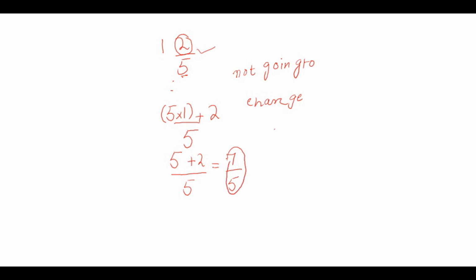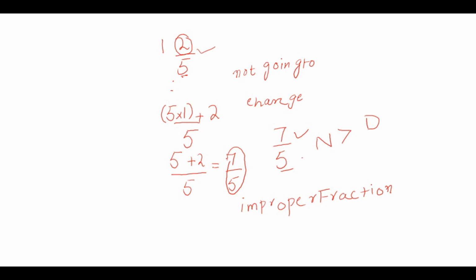Guys, you have seen that 7 by 5 is an improper fraction. Do you know what an improper fraction is? An improper fraction is a fraction in which the top number, or the numerator, is bigger than the bottom number, the denominator.